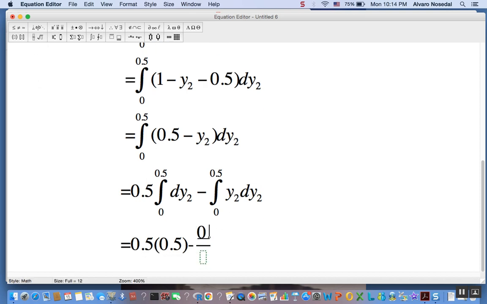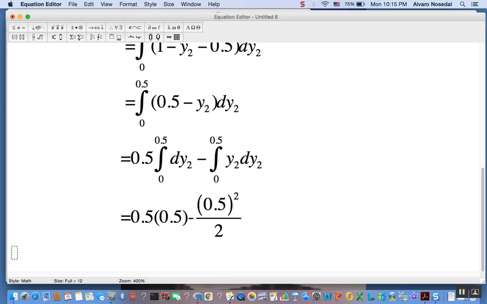So let me write that down. It's going to be 0.5 squared divided by 2. So what we end up having here is just 0.5 times 0.5.